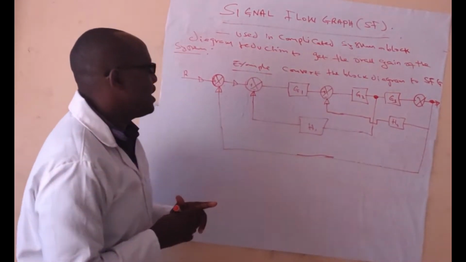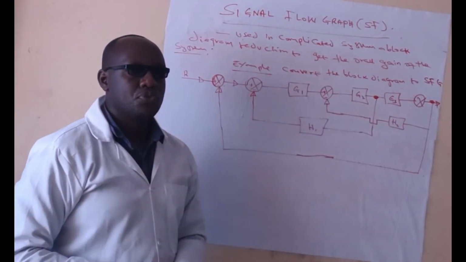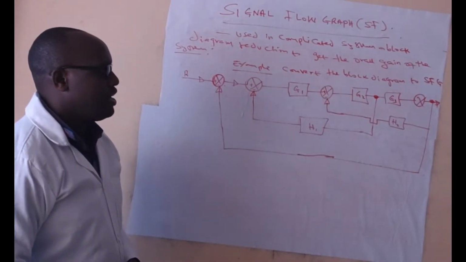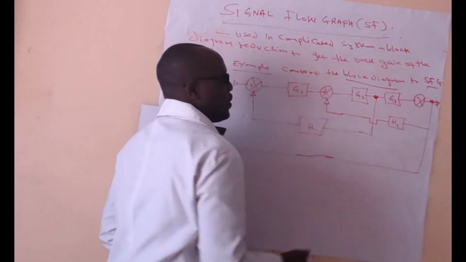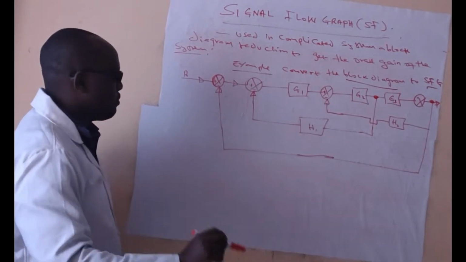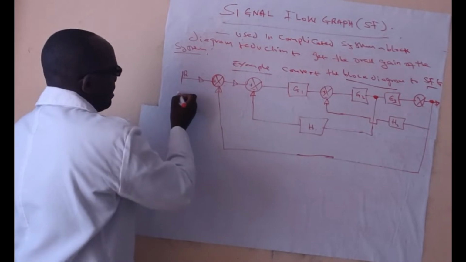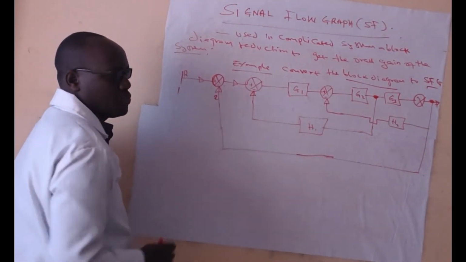Our question here is to convert this block diagram to an SFG, a signal flow graph. What are we supposed to start from? We start from here and call it 1. After here we call it 2.